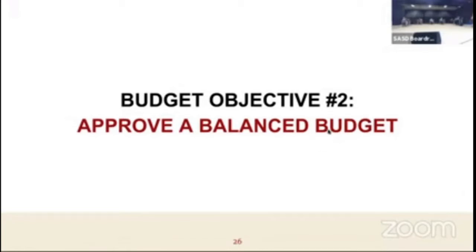Excellent question. Levying the additional 2.4 and using it for debt this year will make our state aid increase next year. And then if we don't levy the same, the state aid would come back down.